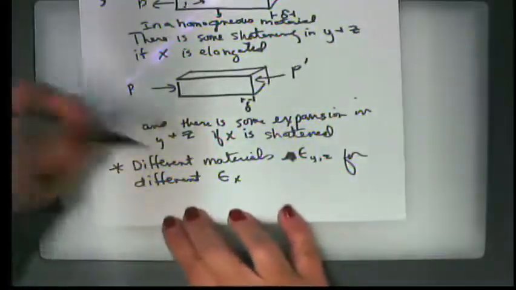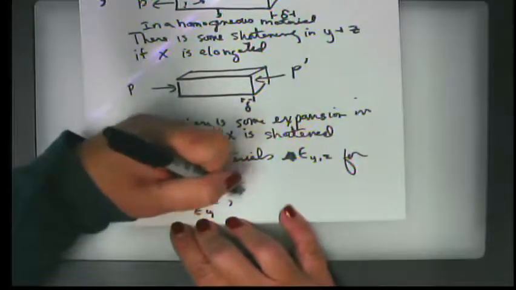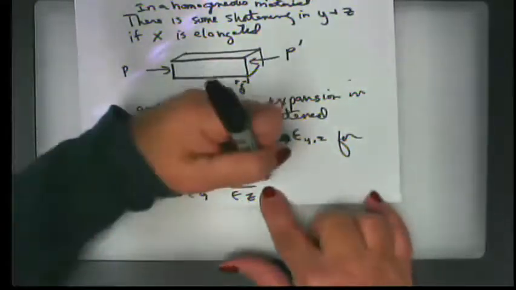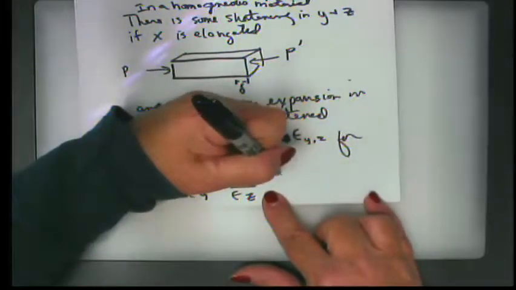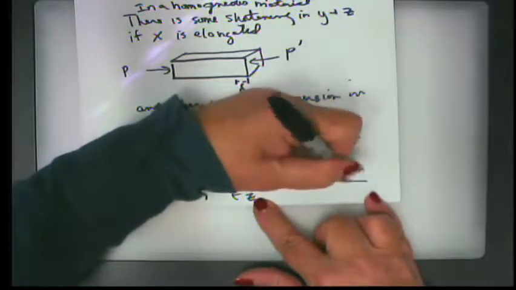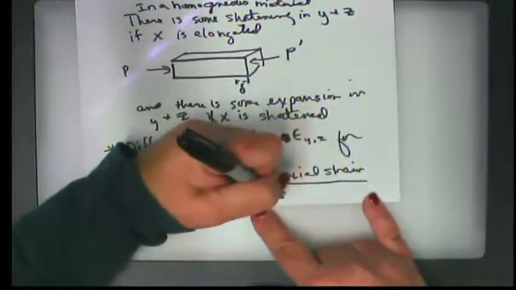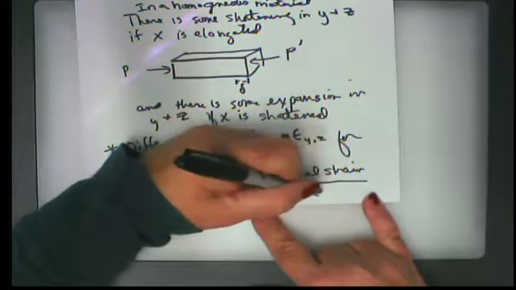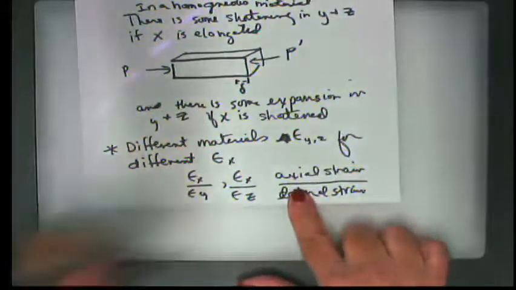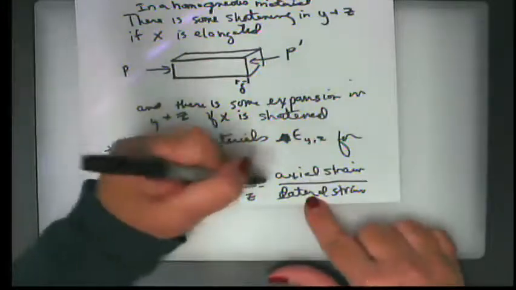And the ratio of those two things, epsilon y over epsilon x, or epsilon z over epsilon x, the strain along the axis is referred to as axial strain. And the other two coordinate directions are referred to as lateral strain. And this ratio is always negative, because if this is positive, this is negative. If this is negative, this is positive.